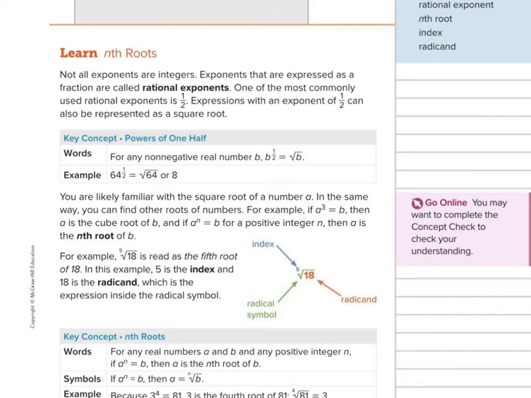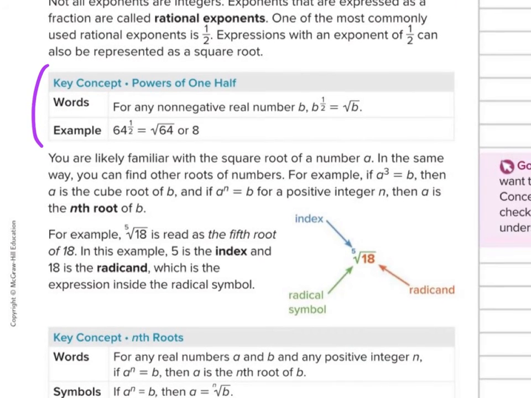So look at this little powers of 1/2, is what it says. So if I have 64 to the 1/2, okay, I'm going to make another one. Let's say 36 to the 1/2. So this is considered exponential form because 1/2 is its exponent.